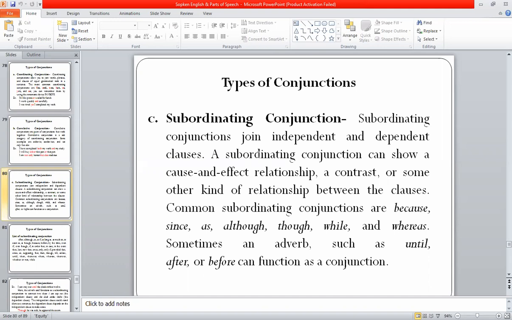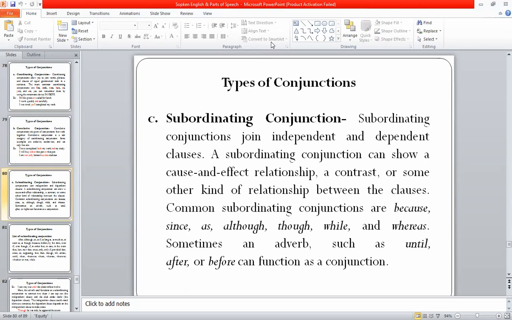So there are two clauses, and they are connected with each other with subordinating conjunctions. And what are these subordinating conjunctions? These are because, since, as, although, though, while, whereas.